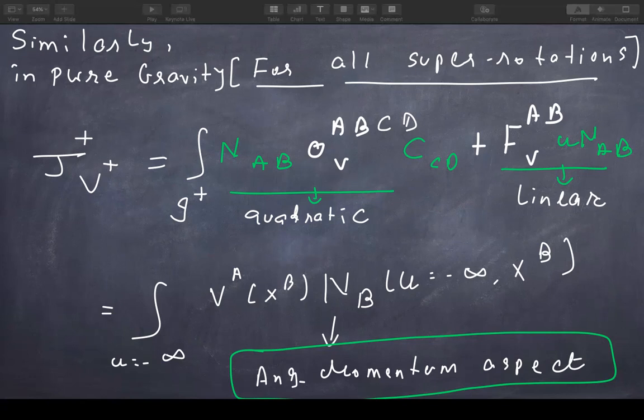I will come to O and F in a moment. The expressions are not very important, but exactly as in the case of super translations, we can write these super rotation charges as angular momentum aspects at, roughly speaking, spatial infinity or at u equal to minus infinity, again smeared by this vector field V. So they have a nice form in terms of the angular momentum aspect.